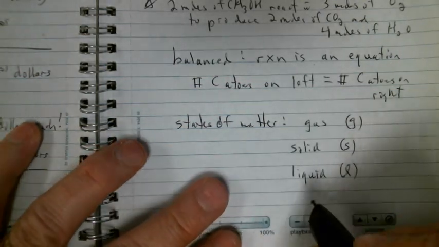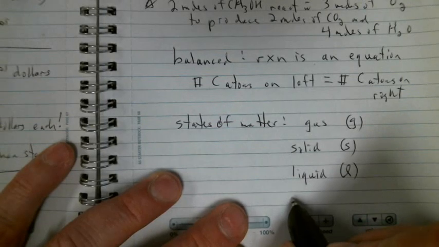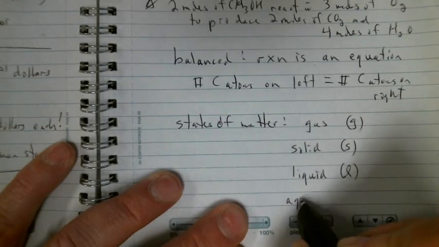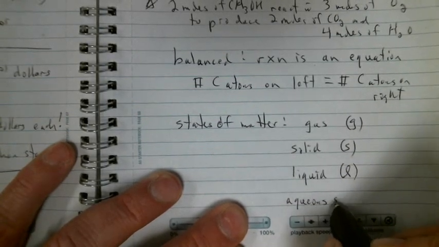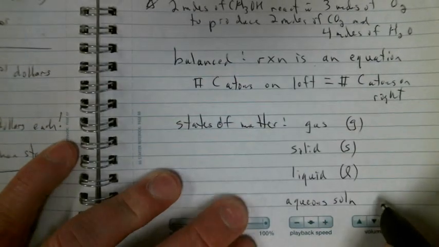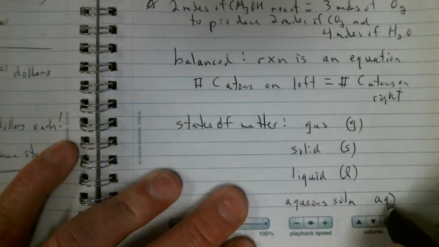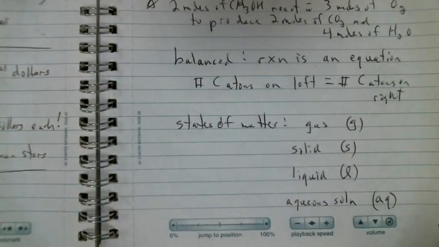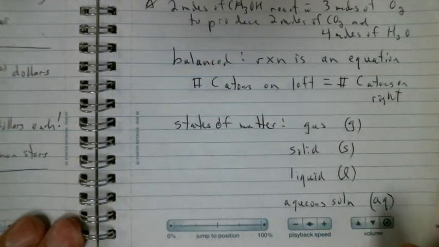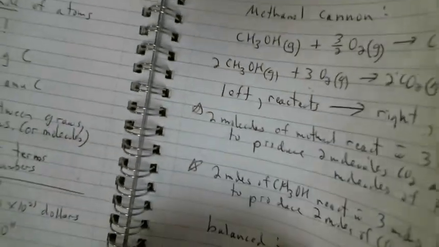And then it could be a solution, so it could be an aqueous solution. So an aqueous solution, you will just put AQ after it, okay? And so we'll include states of matter and balance it that way.